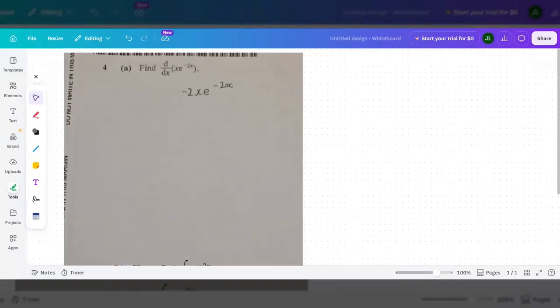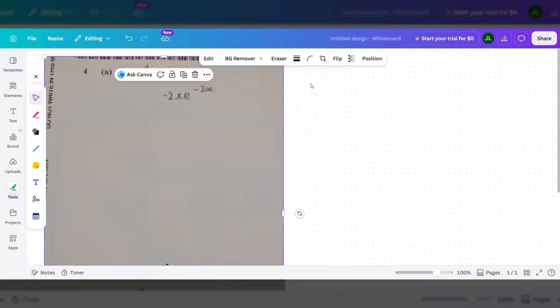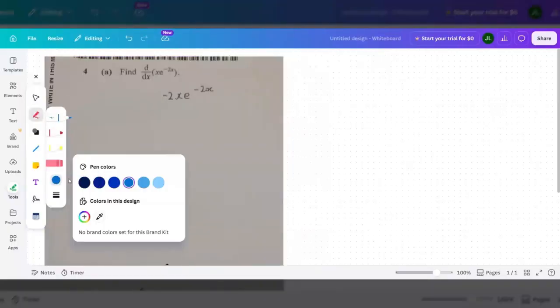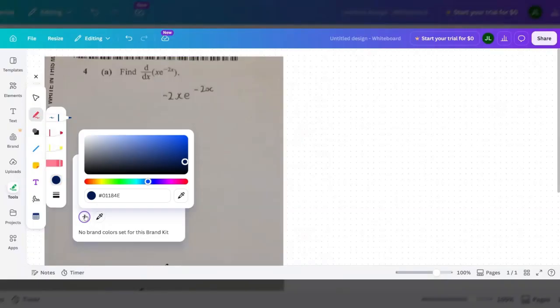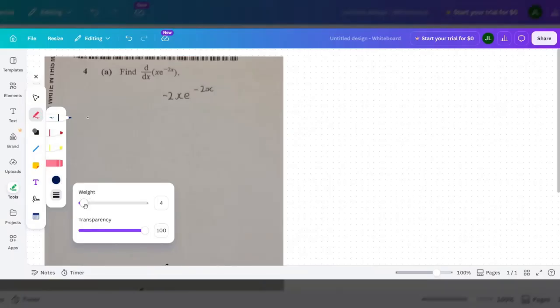Let's start with this first, shall we? Let's see whether I have got the pens. Let's pick a blue one and make it darker, and bigger if possible. Not quite. Maybe over here, a little bit weightier with less transparency.